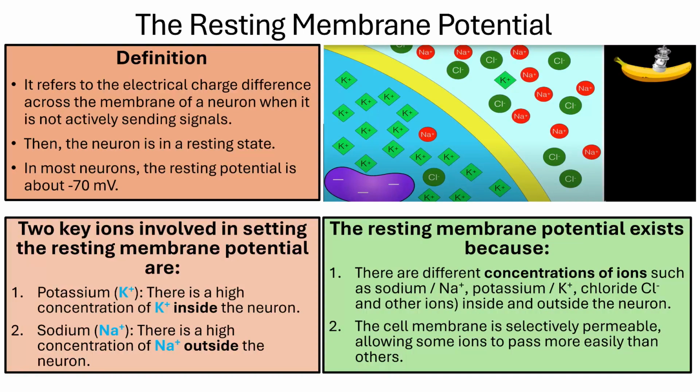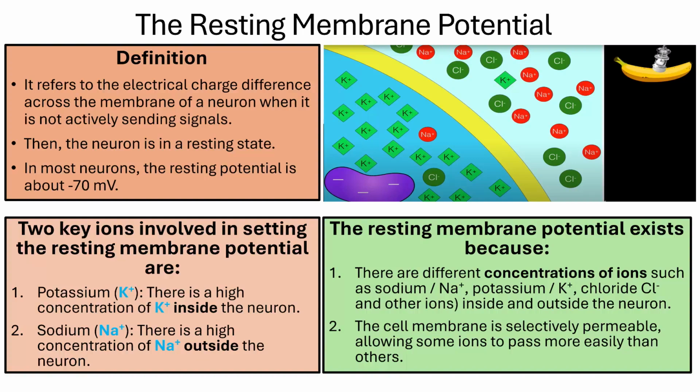Now, let's start talking about how the neurons communicate and the signals that they produce. Firstly, we will start from the resting membrane potential. What is the resting membrane potential?